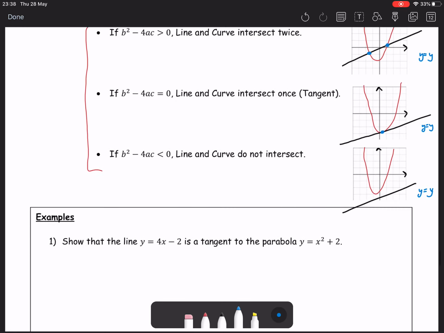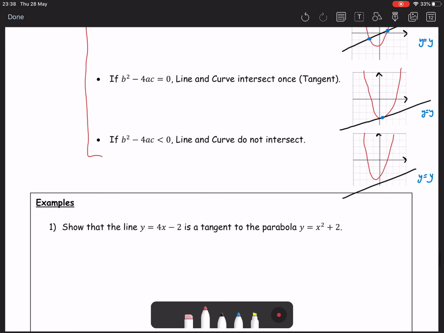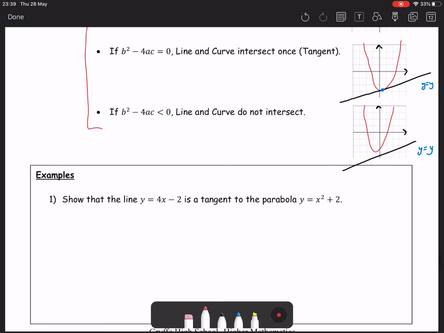Okay, the type of questions that you can meet, there's 2 different types. Of the basic question, and then we'll look at question 3 separately in another video. So in questions 1 and 2, there's a slight difference. And if we look here, show that the line y equals 4x minus 2 is a tangent to the parabola. Okay, so in this one you're basically investigating b squared minus 4ac and is it equal to 0.